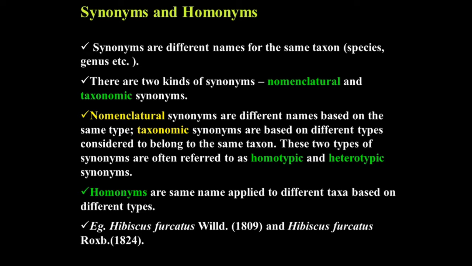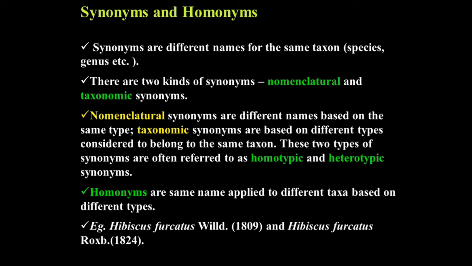Then what are homonyms? Homonyms are the same name applied to different taxa based on different types. When the same binomial is given to different species, then this name is known as a homonym. This is just the opposite of a superfluous name.